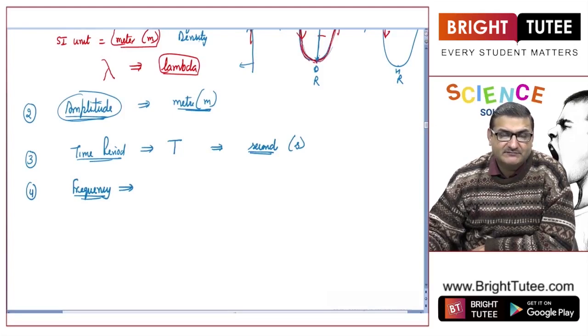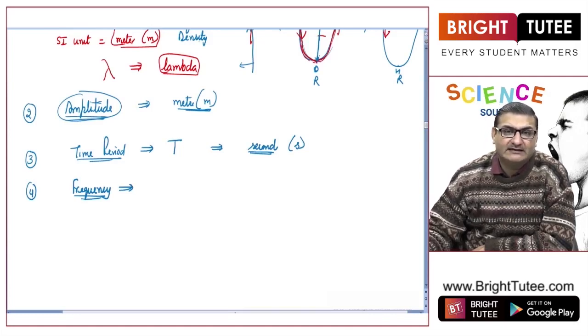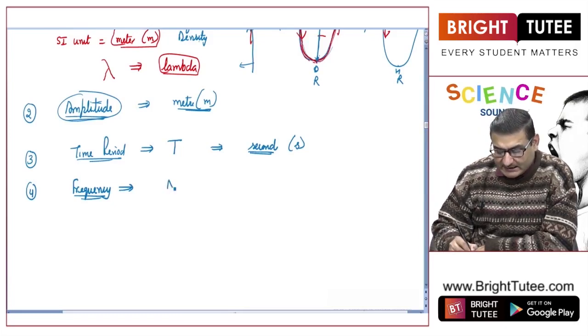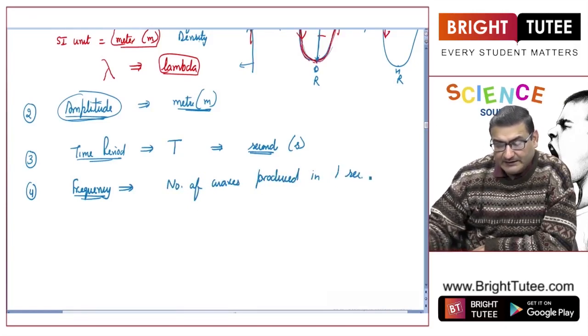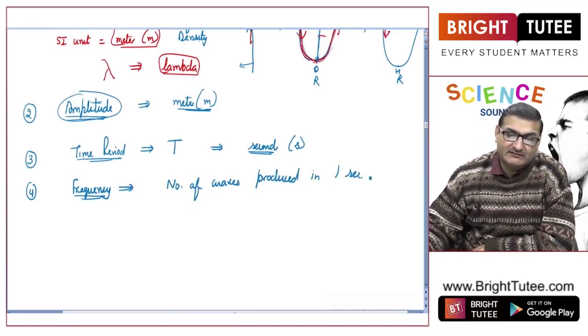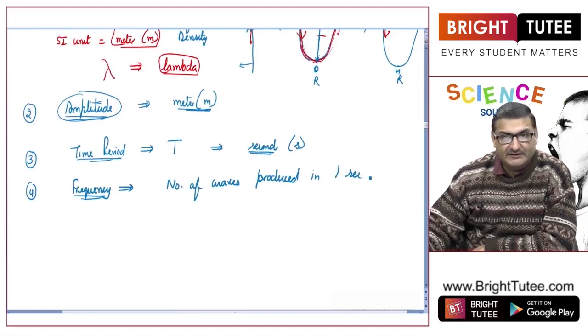And since we are talking in terms of waves, it will be the number of waves produced per unit time, and the unit of time is second. So we can say frequency is the number of waves produced in 1 second. How many waves are produced in 1 second? That is known as the frequency of waves.